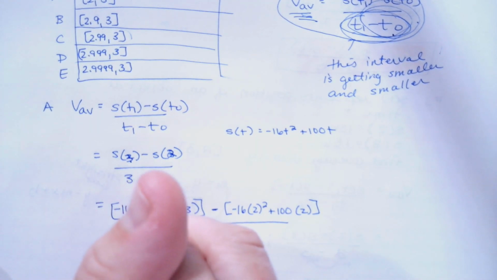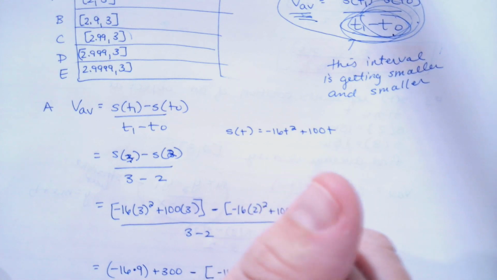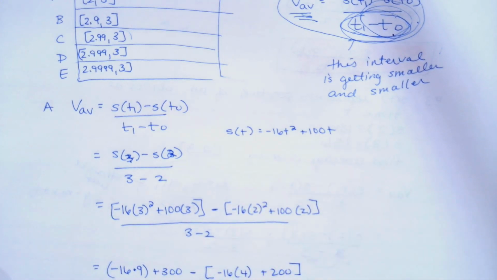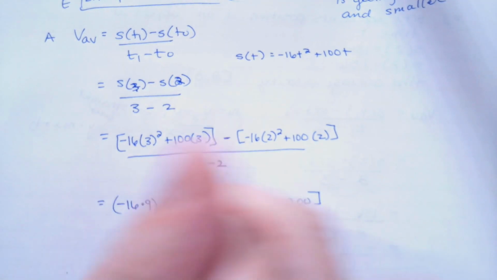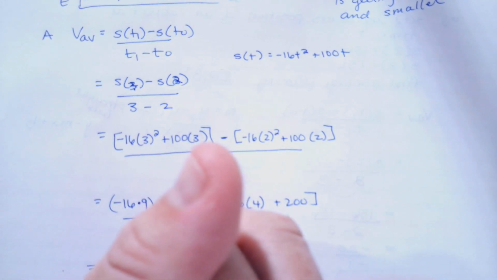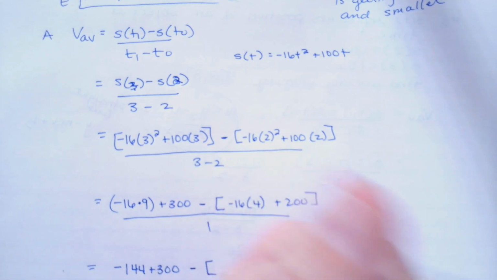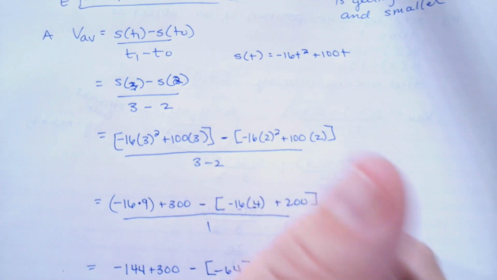Negative 16 times 9 plus 300, minus negative 16 times 4 plus 200, all over 1. 16 times 9: I know that 6 times 9 is 54, so this is going to be negative 144 plus 300, minus 16 times 4, which is negative 64, plus 200.